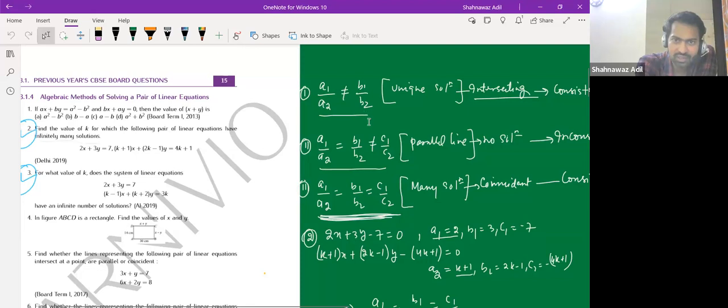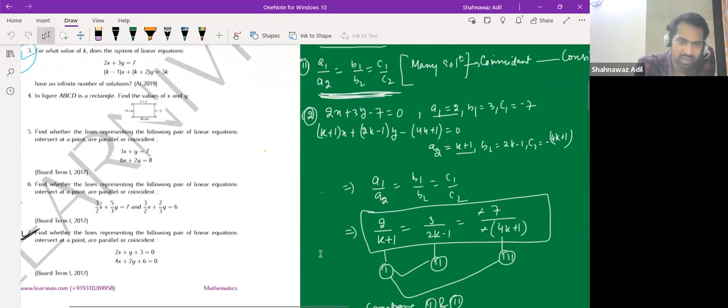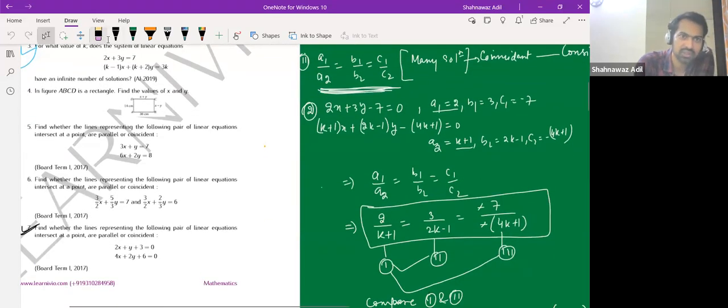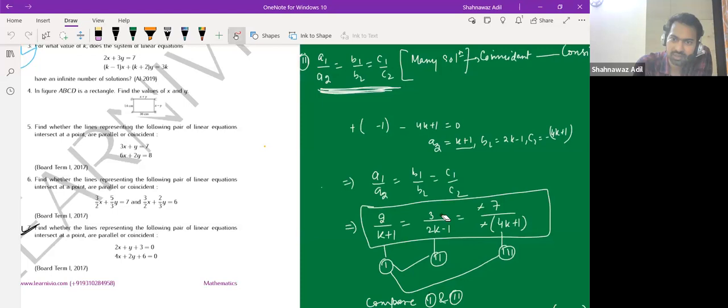We have three scenarios. First is the unique solution, where no ratios are equal. For parallel lines, we have this one equal and this one not equal. For many solutions, this is the case. Remembering this, let us solve the next set of questions. But I will not solve, I will ask you guys to solve and then we'll see.